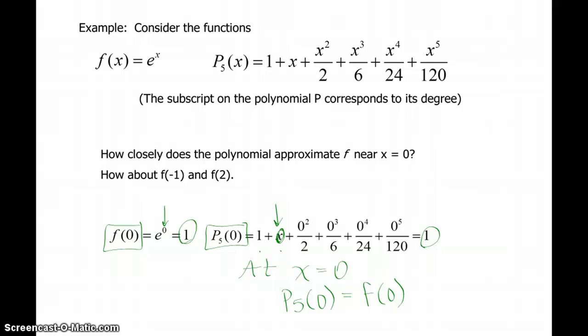It is 100% accurate to infinitely many decimal places. Well, that's pretty handy. But the further and further we get away from 0, let's say at x equal negative 1 or at x equal 2, how closely does the polynomial approximate the function?